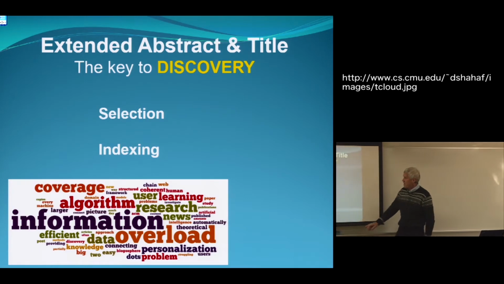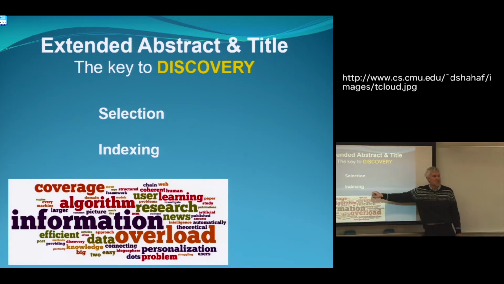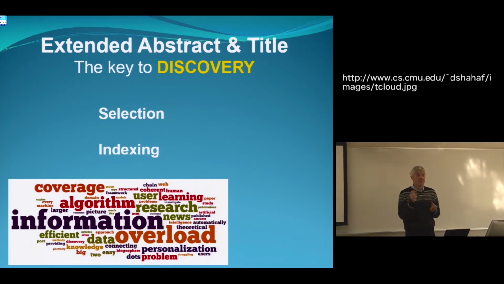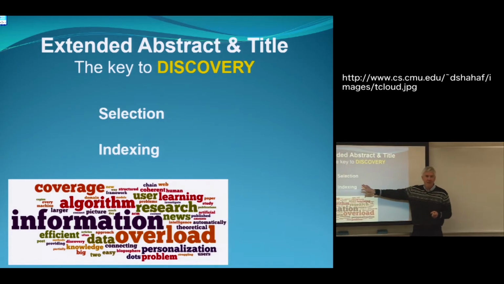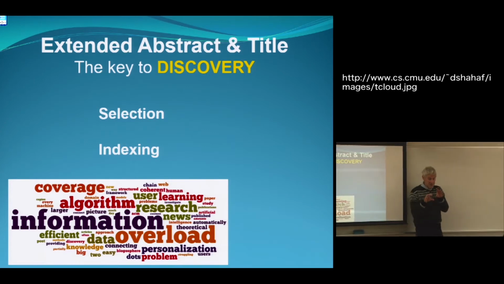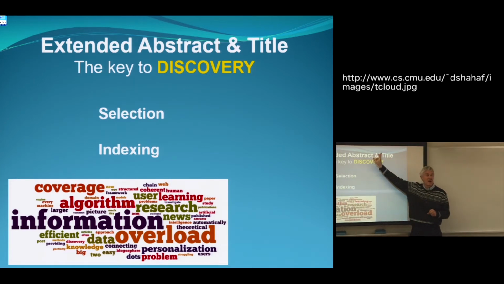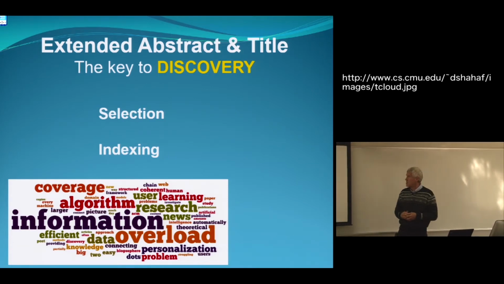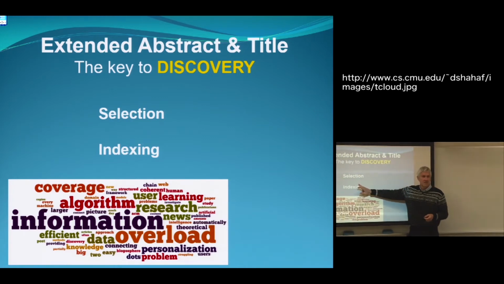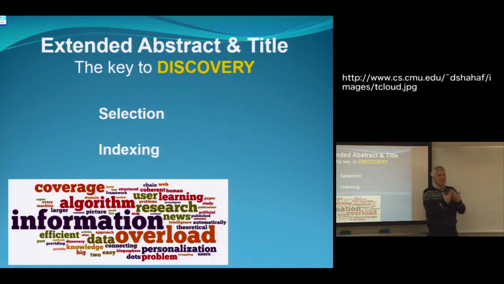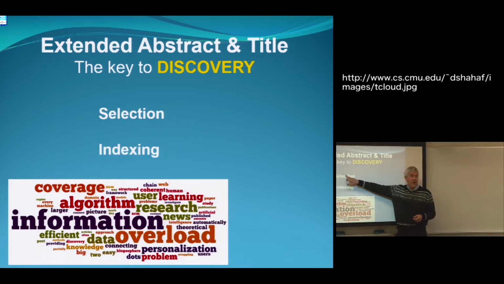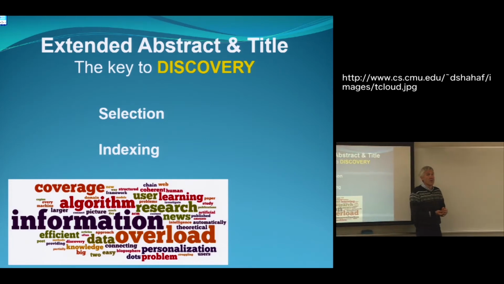Also, in this computer age, a lot of people are using databases to try and find research. And those databases are based on indexing of keywords, the keywords most often in your abstract and title. So if your title and your abstract don't contain those keywords that are going to help somebody find your research, then you're not going to even get them to have a look at what your research is about.